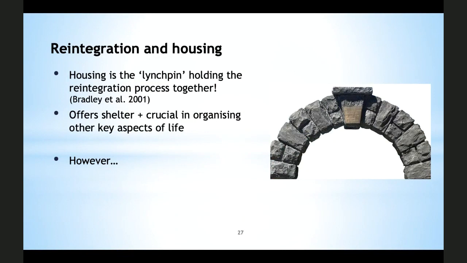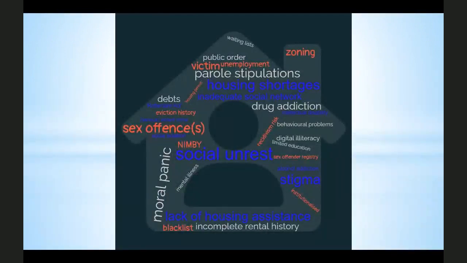However, finding adequate housing might be problematic for many offenders. You see that I put this word cloud in a house shape. Here we see a number of issues or barriers ex-offenders face when trying to find a place to live.